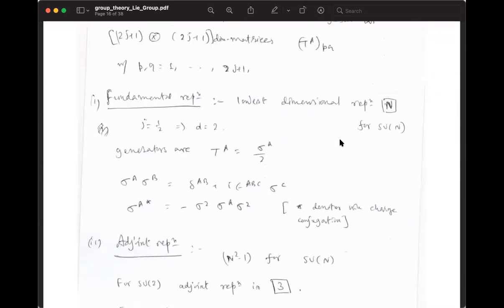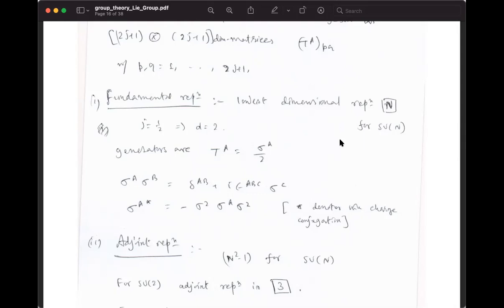Now if we look more at the fundamental representation for SU(N), as I told you, this is the n-dimensional representation, but we have to remember that it is not a single fundamental representation. For any given SU(N), there are n minus 1, which is the rank of that group, fundamental representations.